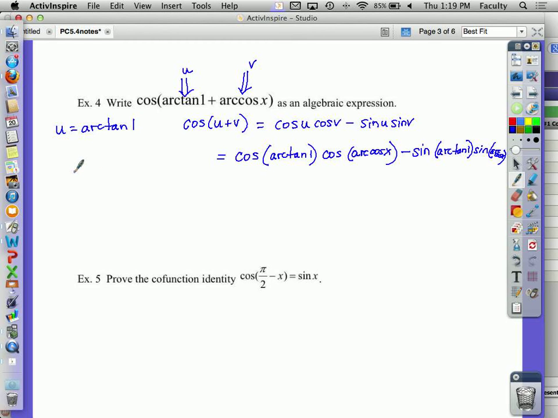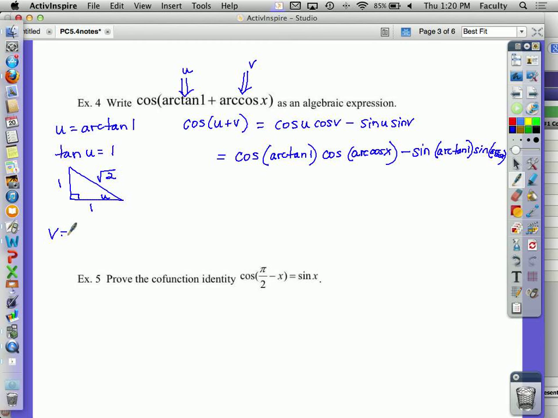If I remember this from chapter 4, when I have inverse trig functions or arc tangent, this really means the tangent of angle u is equal to 1. All right? So let's draw a triangle here. We'll put u down, and if tangent of u is 1, that means, SOHCAHTOA, 1 over 1. And I can find the missing side by the Pythagorean theorem, so that's radical 2.